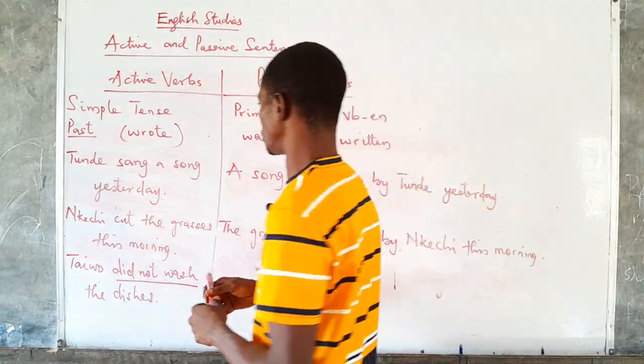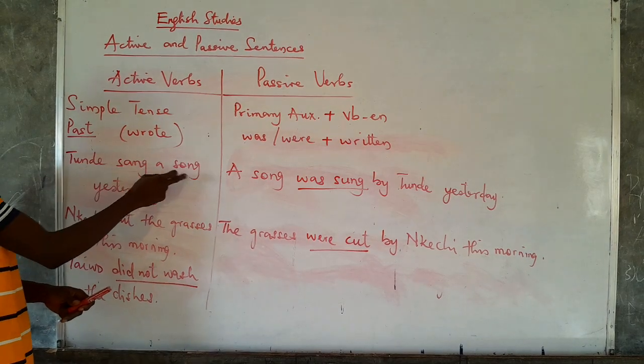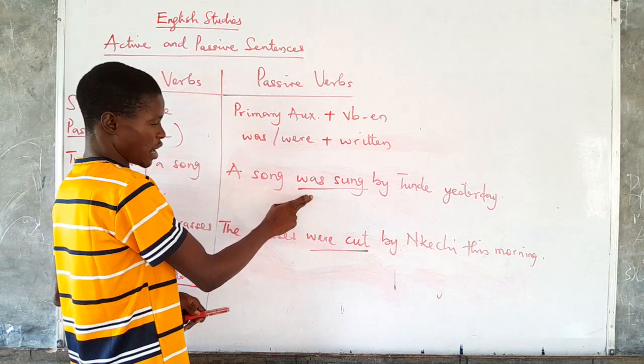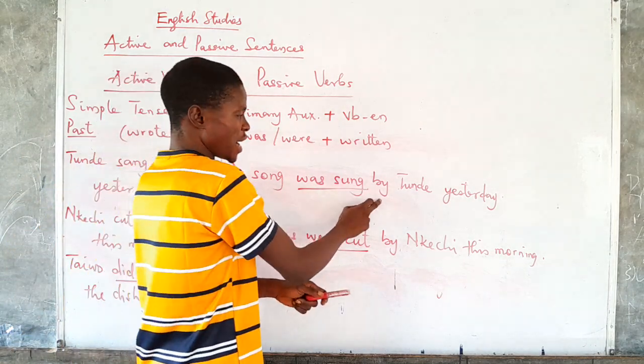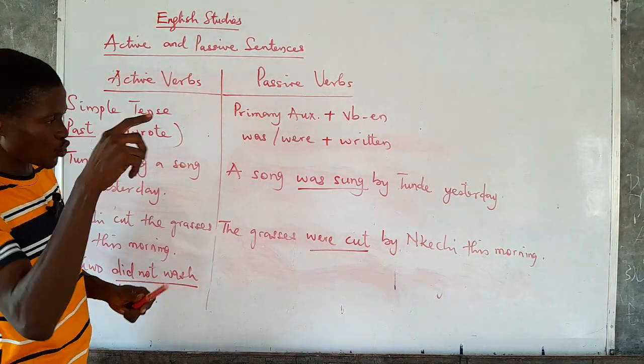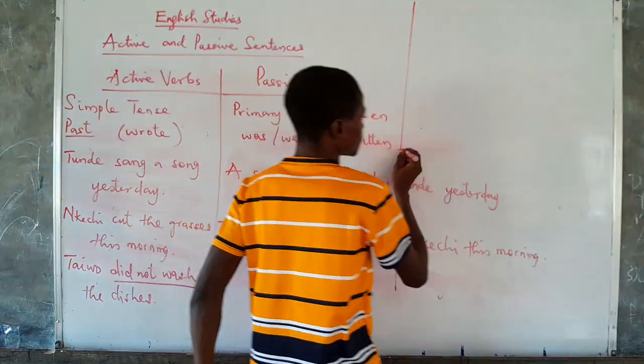Let's go. If you are to say Taiwo washed the dishes, we say the dishes were washed by Taiwo. That will be the positive there. How do we now change that positive to negative?